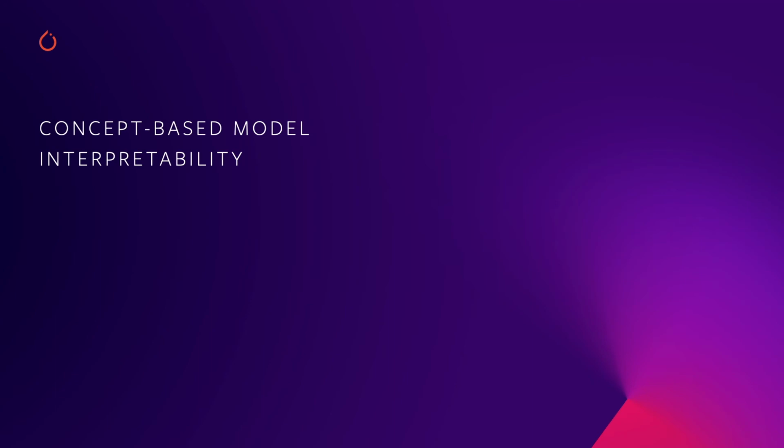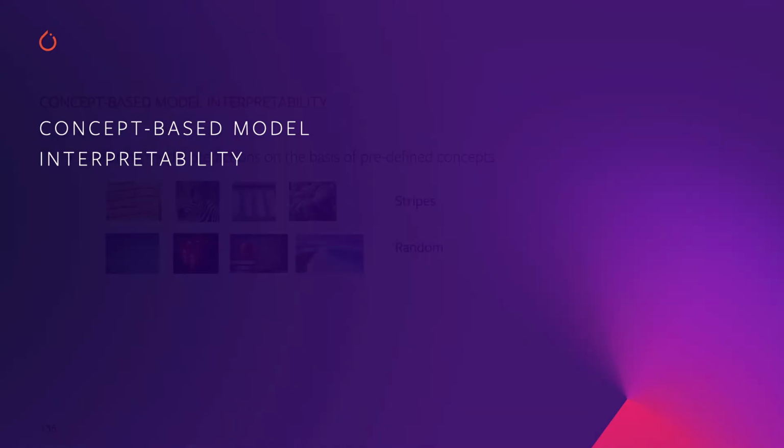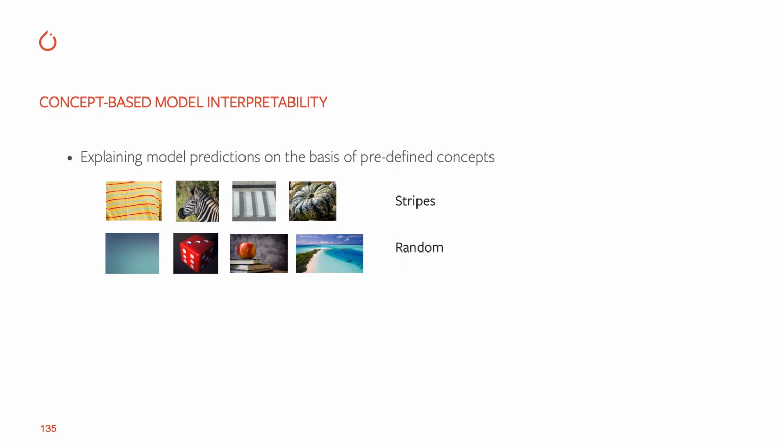Now let's look into a different area of model interpretability research called concept-based model interpretability. Concept-based model interpretability aims to explain model predictions by means of abstract concept representations. Let's define visual concept representations that can help us to explain model predictions.